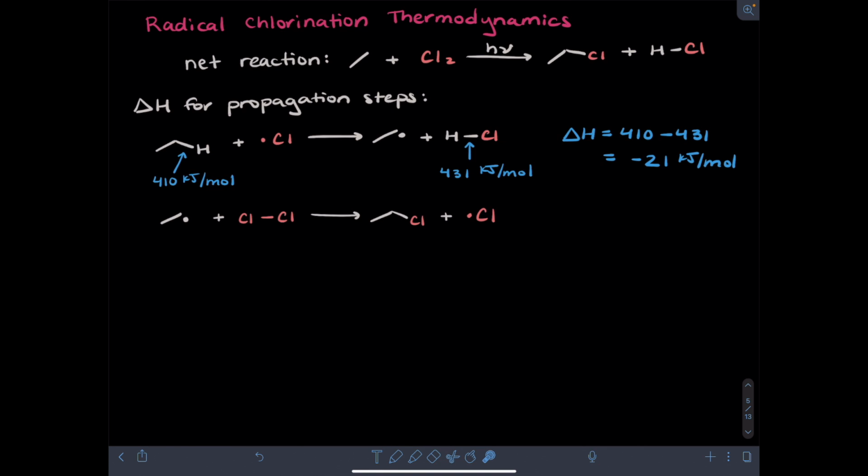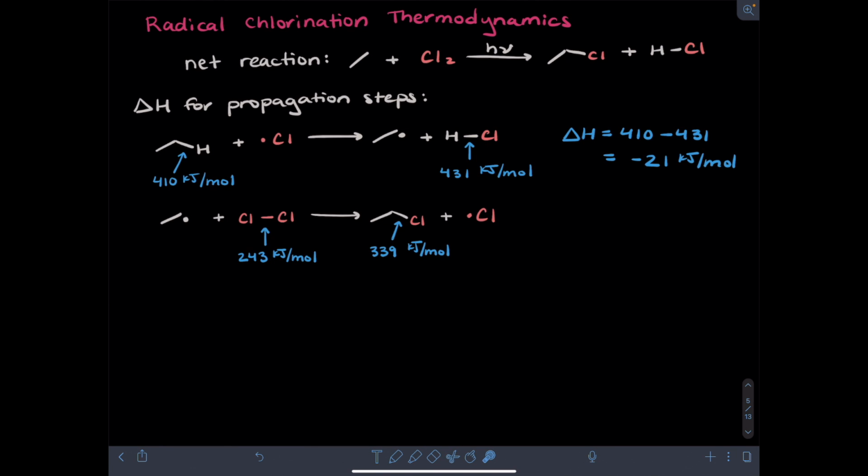Now let's consider the second propagation step, halogen abstraction. In this step, the carbon radical reacts with Cl2 to generate chloroethane and regenerate the chlorine radical. Recall that your propagation steps should sum to the overall reaction, and you should regenerate the propagating radical in the second step.